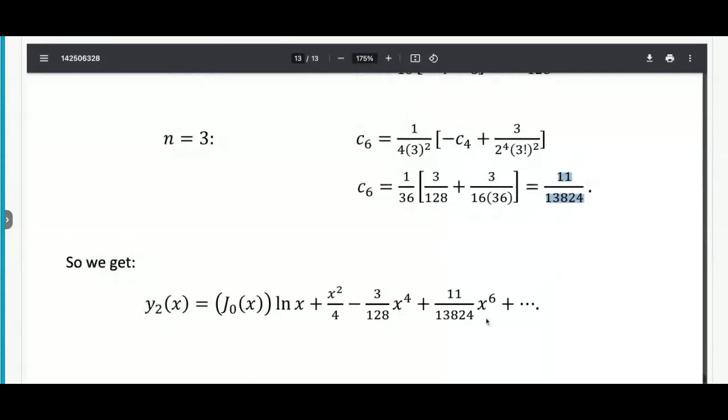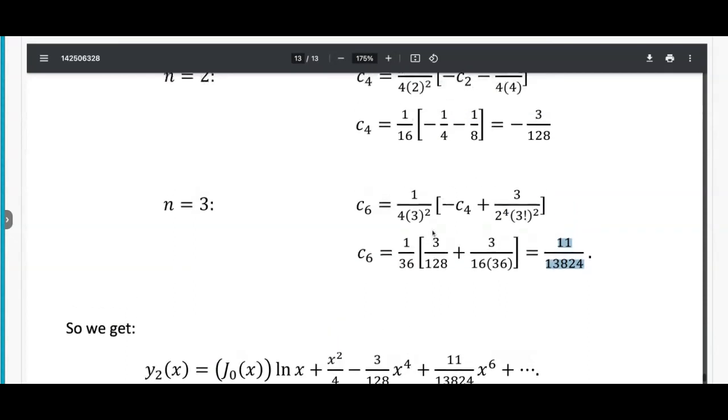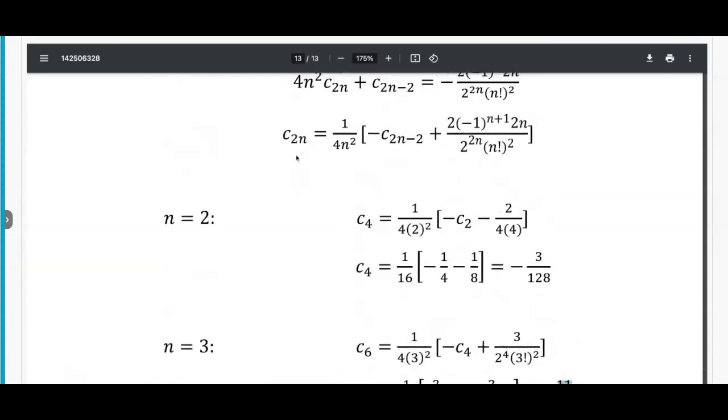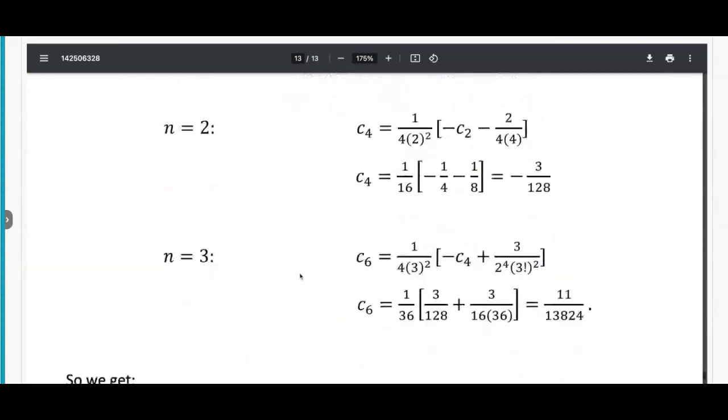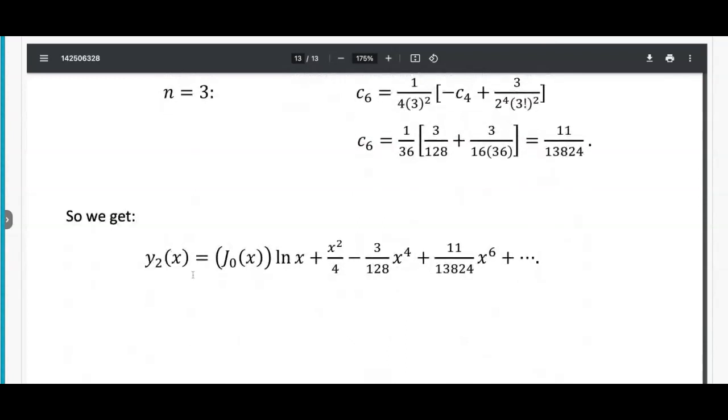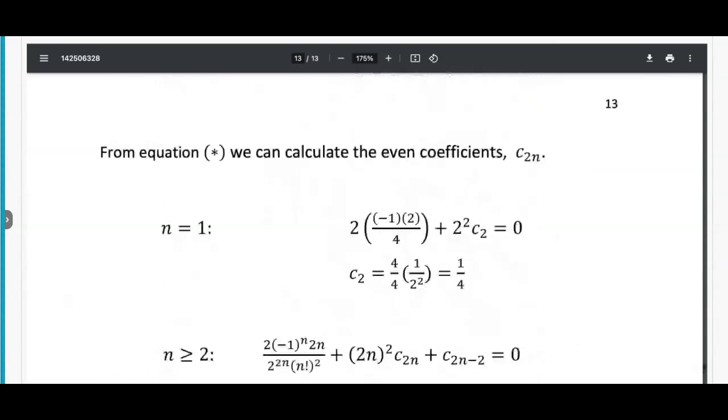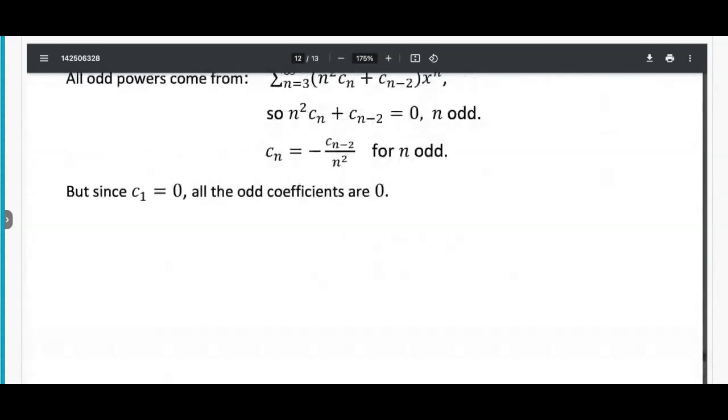So for this case, it's difficult to form the n's C. So this is C2n. Right, so write out a couple of terms. So the solution 2 is in the form of this. Well, this is G naught. If you don't want to use it, you don't have to use it.